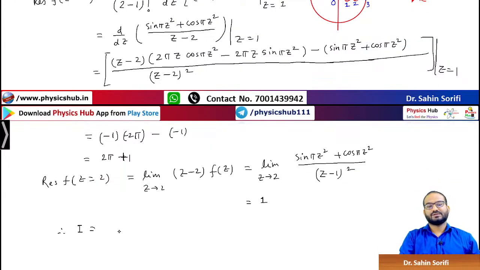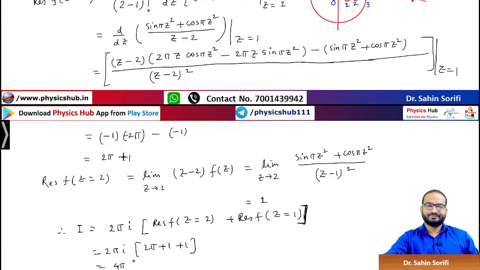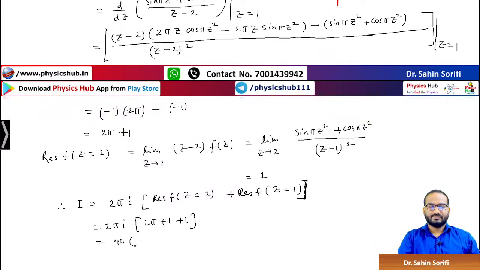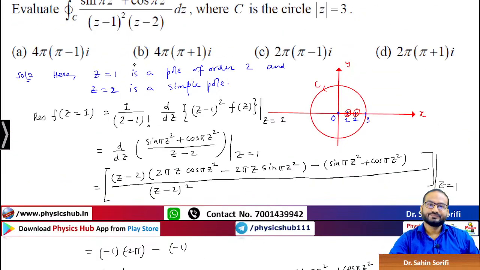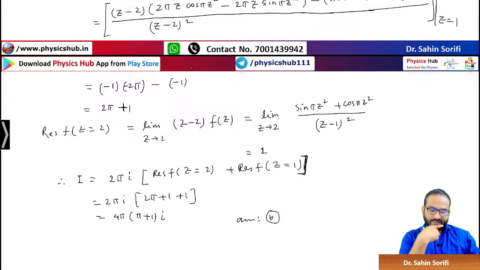Therefore, by using Cauchy's residue theorem, 2 pi i into the sum of residue of f at z equals 2 and residue of f at z equals 1: 2 pi plus 1 plus 1, which is 4 pi plus 1 times i. Option B is coming now. Clear?